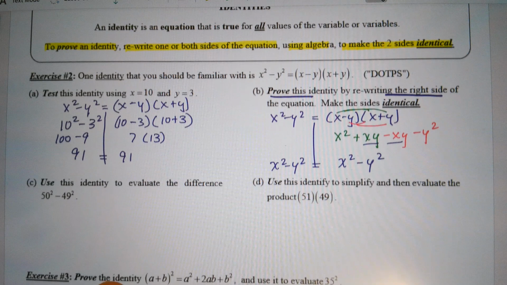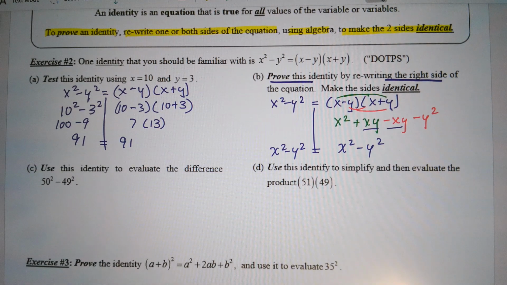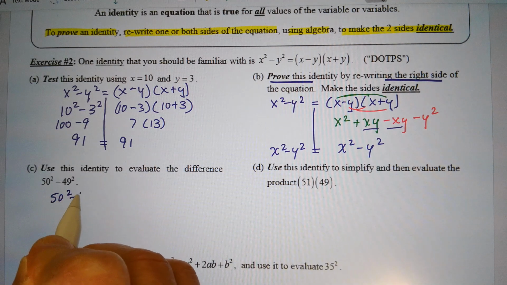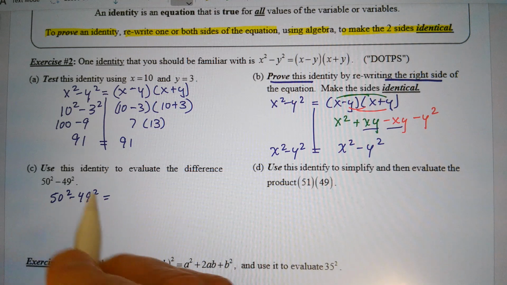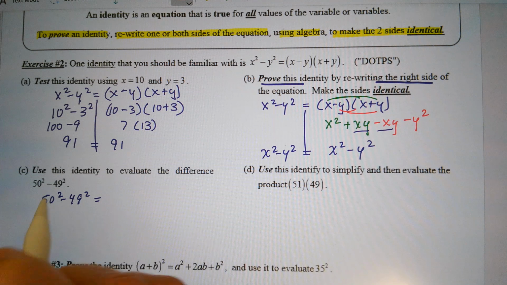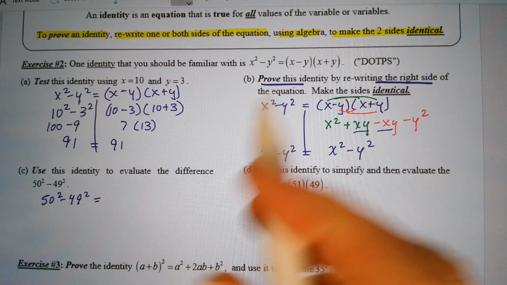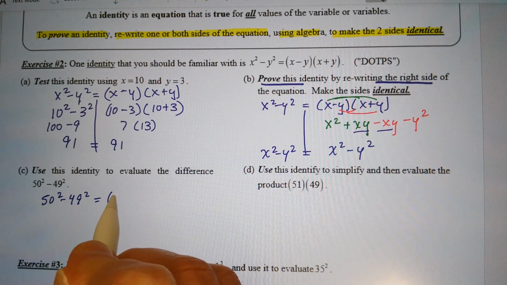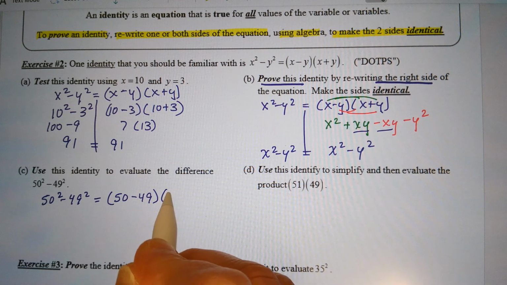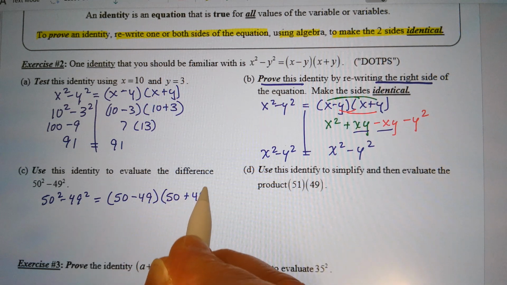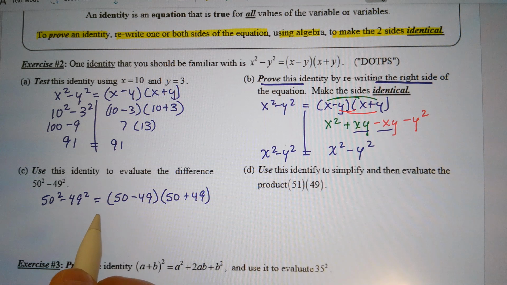Use this identity to evaluate the difference, 50 squared minus 49 squared. So 50 squared minus 49 squared would be equivalent to, so x is 50 and y is 49, so it would be 50 minus 49 times 50 plus 49. 50 minus 49 is 1, and 50 plus 49 is 99.